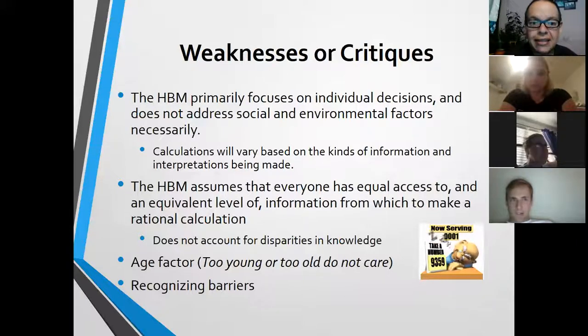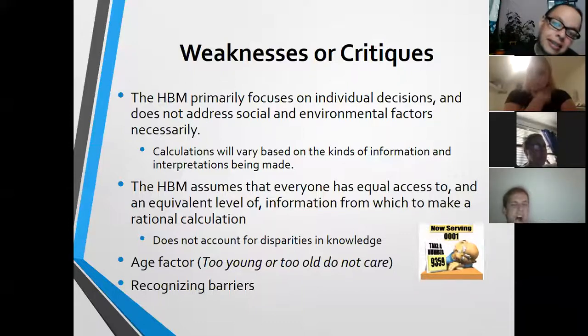And it says that the calculations will vary based on the kinds of information and interpretations being made. So if our interpretations are wrong, there isn't much success in what we're doing. It says that the HBM assumes that everyone has equal access to and an equivalent level of information from which to make a rational calculation.